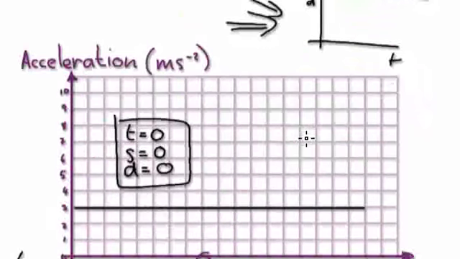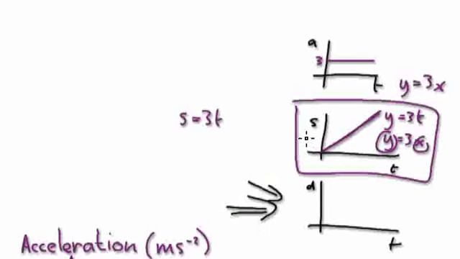If you want to know the distance traveled after 8 seconds, look at 8 seconds here. In the speed time graph, the distance traveled will be the area underneath the graph.